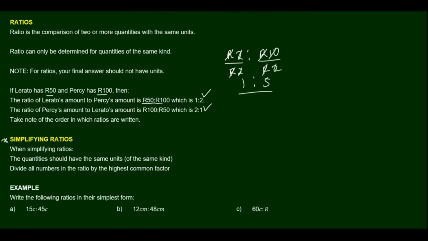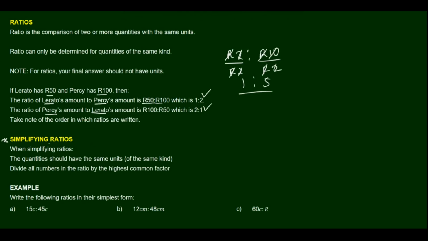Please take note of the arrangement of these numbers. If it's Lerato to Percy, you start with Lerato's amount and then followed by Percy's amount. But if it's Percy to Lerato, you start with Percy's amount, then followed by Lerato's amount. Okay, I wanted us to discuss this before we do simplification of ratios.